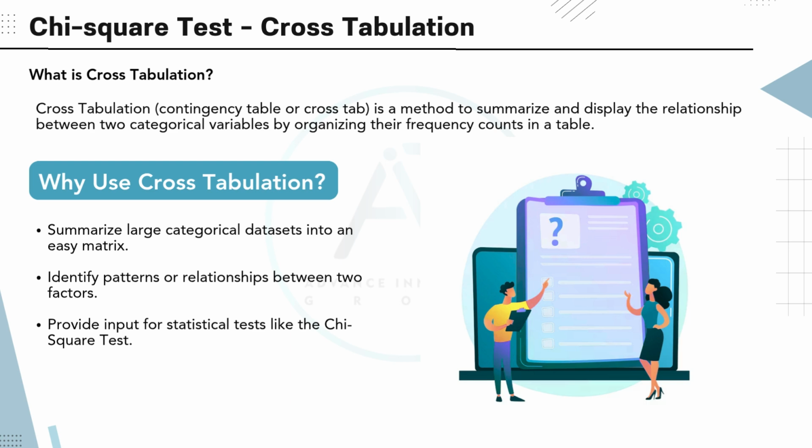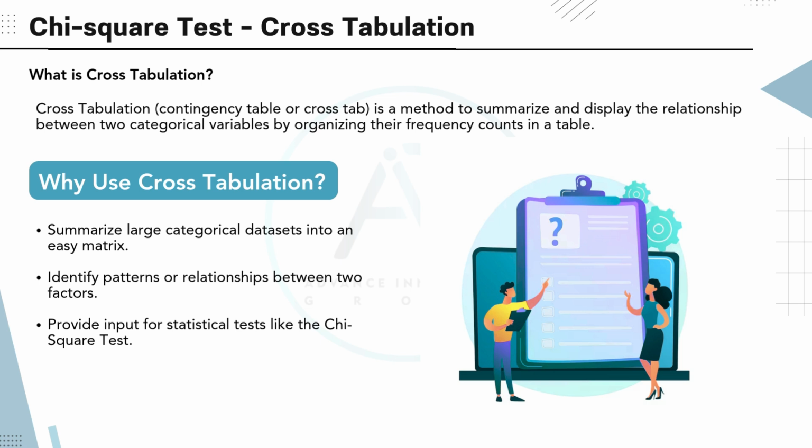Imagine you're working with data about customer satisfaction and the region they're from. A crosstab will help you easily see patterns, for example, whether satisfaction is consistently higher in one region compared to others. Why use cross-tabulation? One.